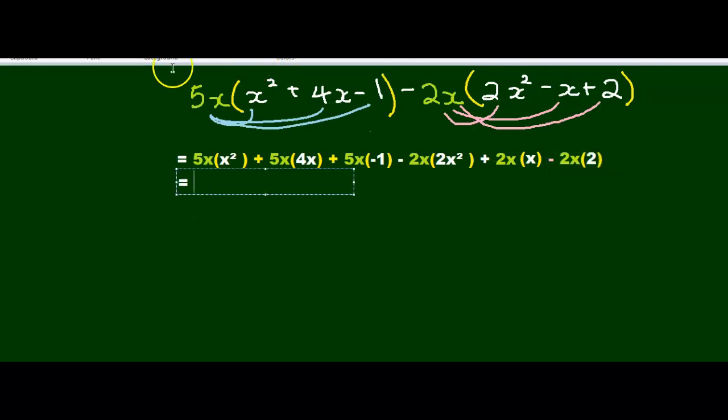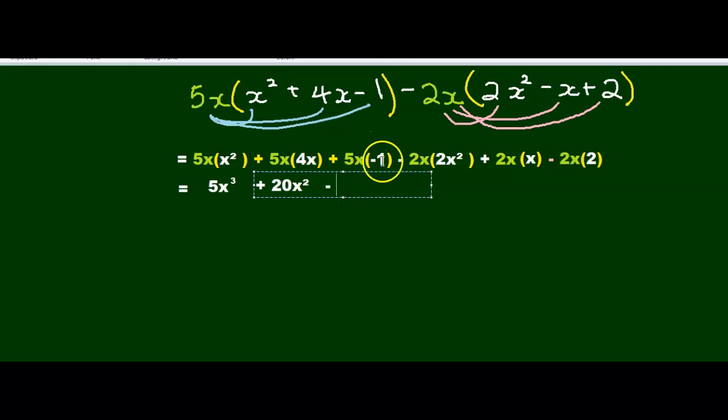Let's simplify. So we have 5x times x squared, that gives me 5x cubed, plus 5 times 4 is 20. X times x gives me x squared. Plus, well, that's actually a plus times a minus, so we're left with a negative. If you're not sure how I got that, I have a little refresher on negative numbers.